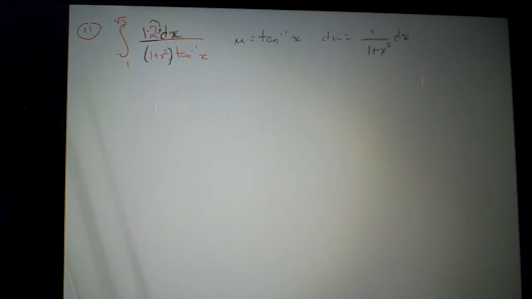The 2's in my way, which is okay, because osmosis. And there I have du, and then I have u. So put my 2 out here, du on top of u.